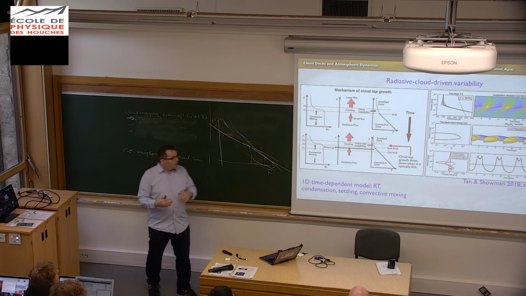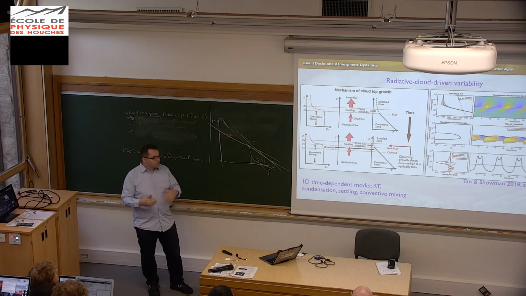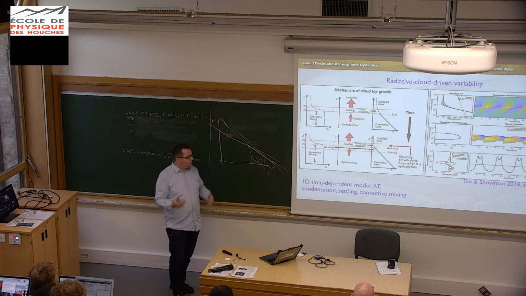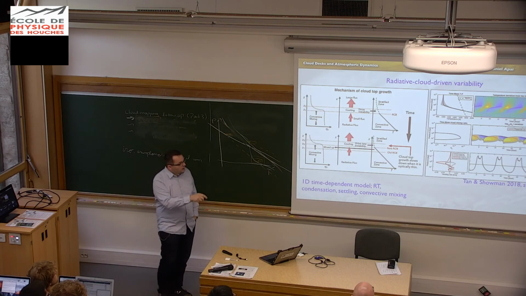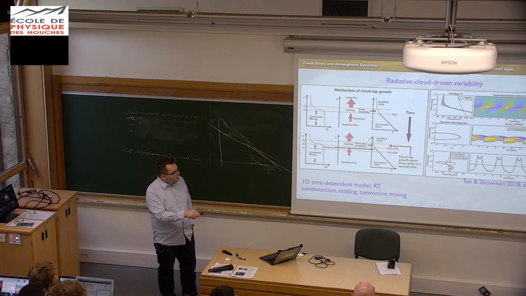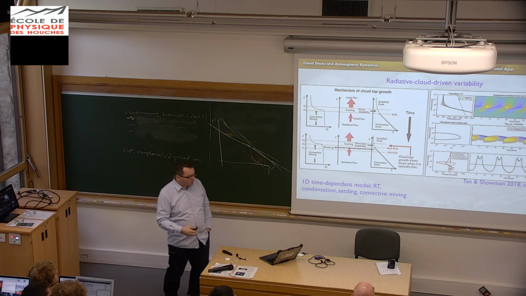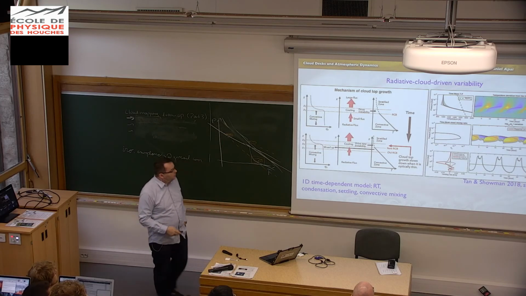You heat up, and when your temperature is increasing, you are moving up your cloud top, you begin to evaporate your clouds, driving an instability that will lead to rapid cooling and then the collapse of the cloud layer. And they can get, in this 1D model, very nice, basically spontaneously introduced variability.